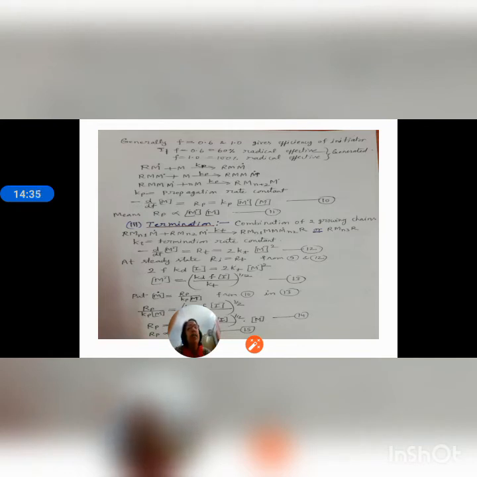We know that at steady state the rate of formation and the rate of decomposition are equal, so we can write Ri equals Rt and fill in the values from equations 9 and 12. We can get 2f Kd [I] equals 2Kt [M•]².